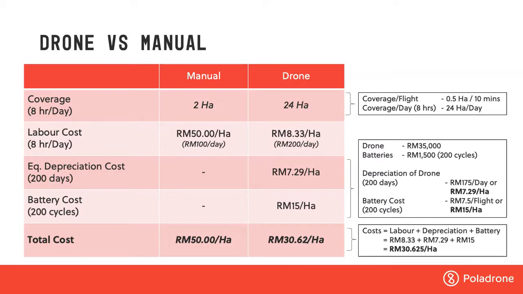Adding it up and comparing the manual and the drone way, the total cost for the manual way is around 50 ringgit per hectare, and for the drone, around 30 ringgit per hectare for a day of operations. This is based on our scenario and feedback from our client on the cost, and this is the standard scenario.